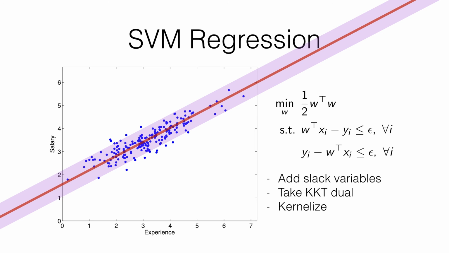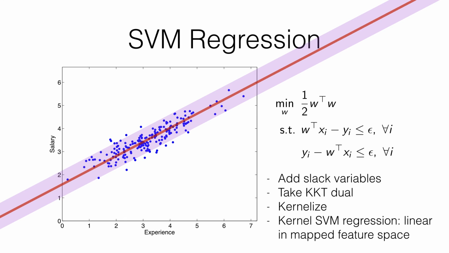And you can kernelize the dual that you end up deriving, and you end up with the kernel SVM regression technique, which, analogously to classification, is just a linear regression in a mapped feature space. That mapped feature space can be arbitrarily complex. It can be something like the RBF, where the feature space you map to is infinite dimensional, but you can work with it just by using kernels.